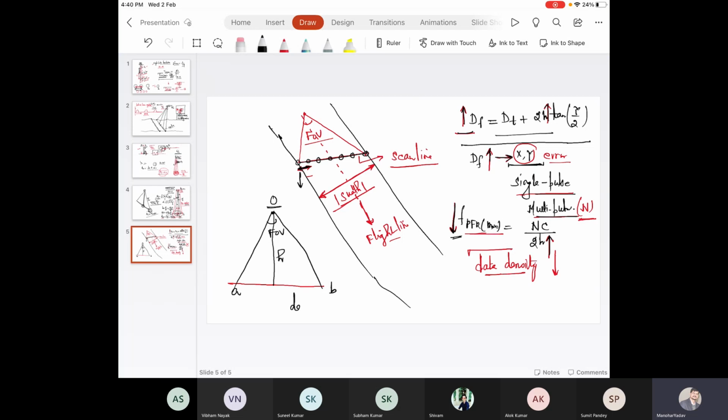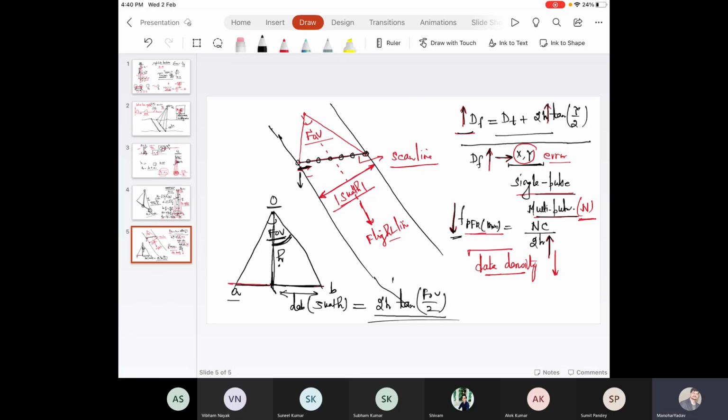Distance AB is called the swath, and it is equal to 2h tan FOV divided by 2. Tan FOV divided by 2 is equal to this distance divided by h, so this distance is h tan FOV by 2, and it is 2 times. Adding it, DAB is 2 times this distance, which becomes 2h tan FOV divided by 2.